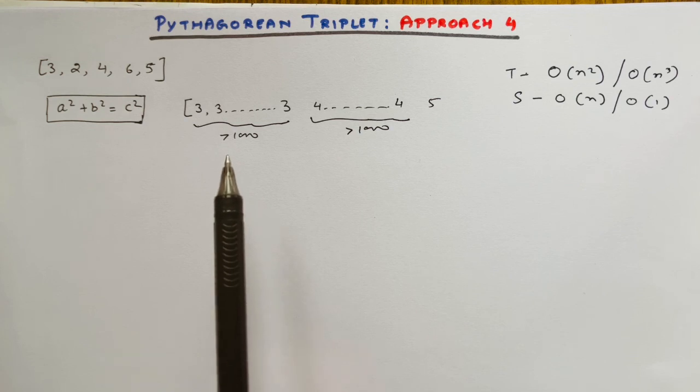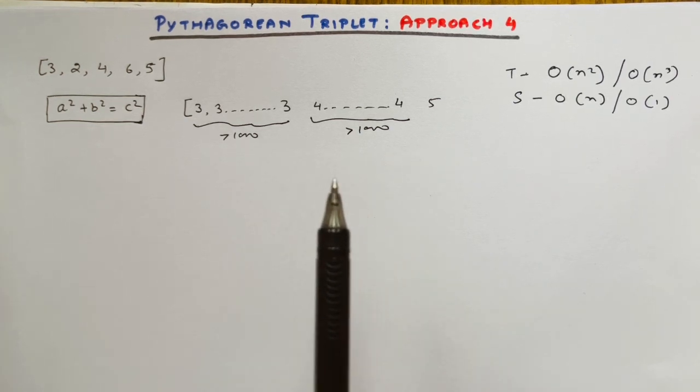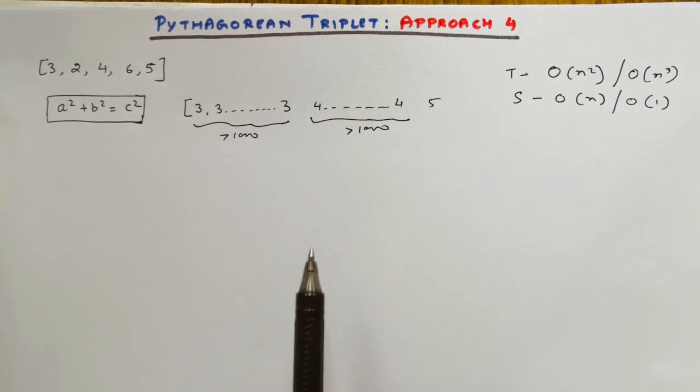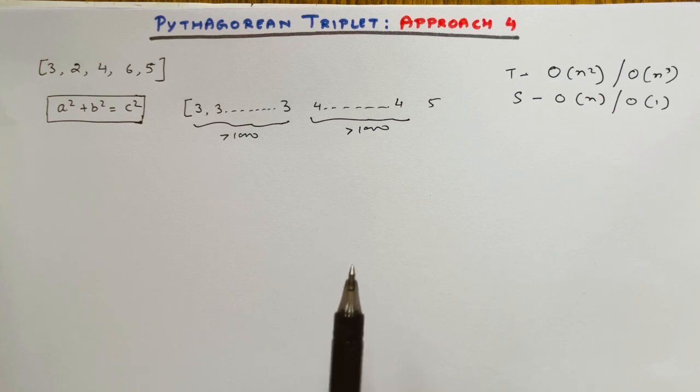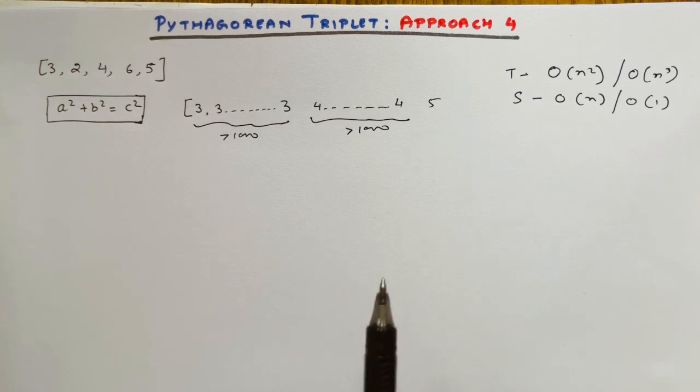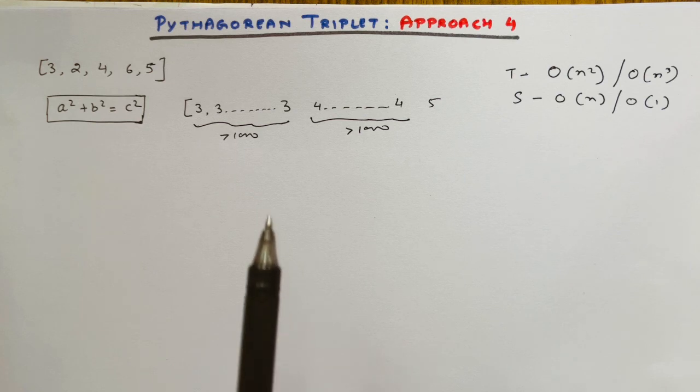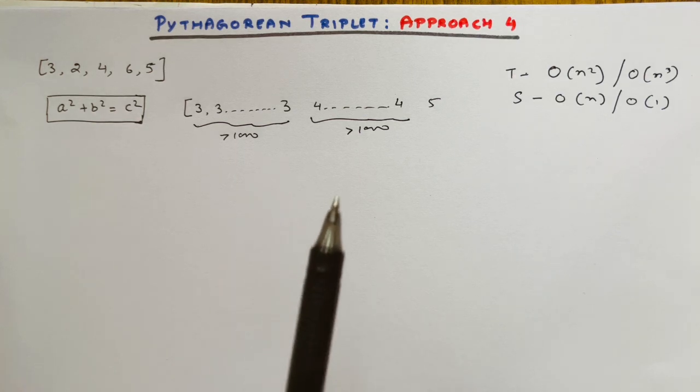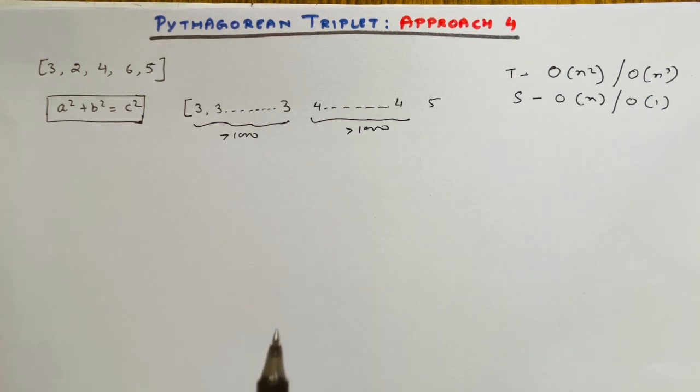Let's say with even 3, 4, 5, only 3 distinct elements, we have an array size of 5000. In that case, our time complexity and space complexity will be very expensive. So is there an approach that will be efficient for such scenarios to solve it in lesser time and lesser space?